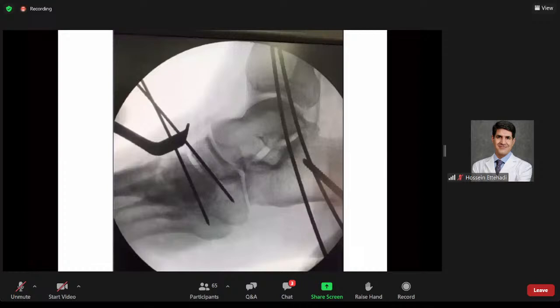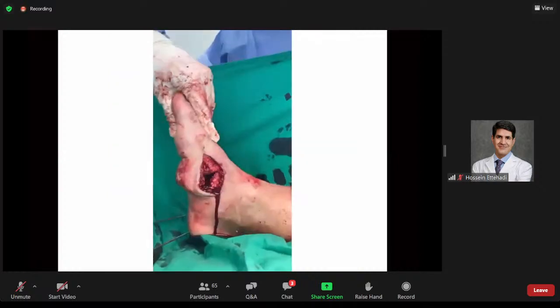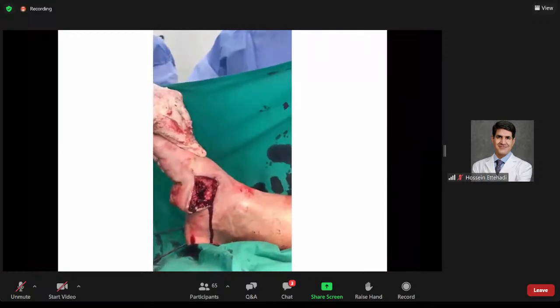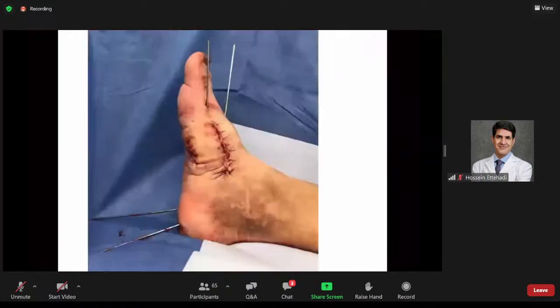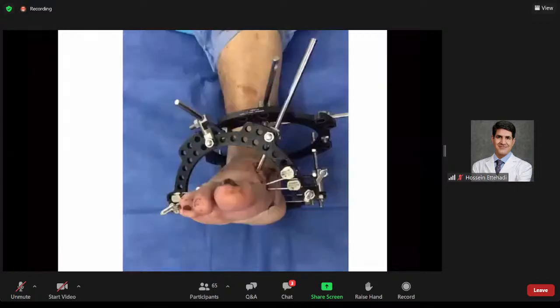Here we see how we calculate our osteotomy using K-wires. And this is the correction after the wedge was resected. We pin everything and we put a static fixator in place in order to compress and fixate our osteotomy. Here are the pictures. And here's the postoperative result.